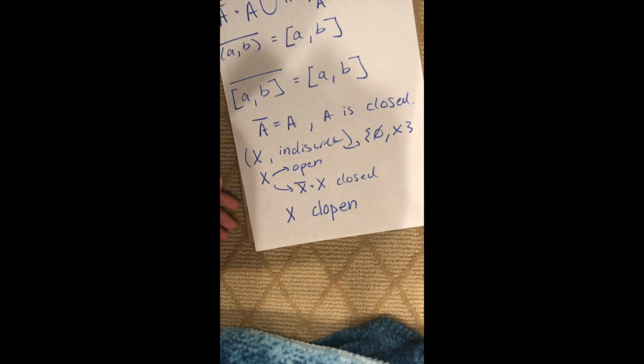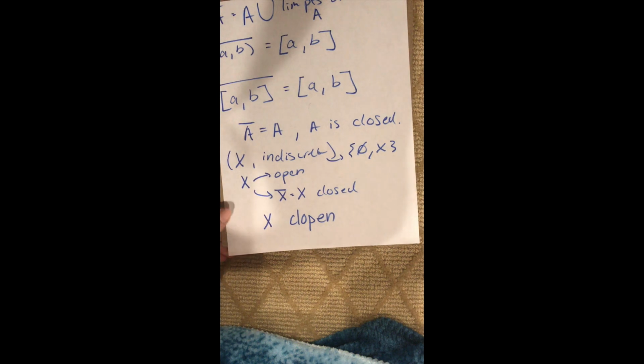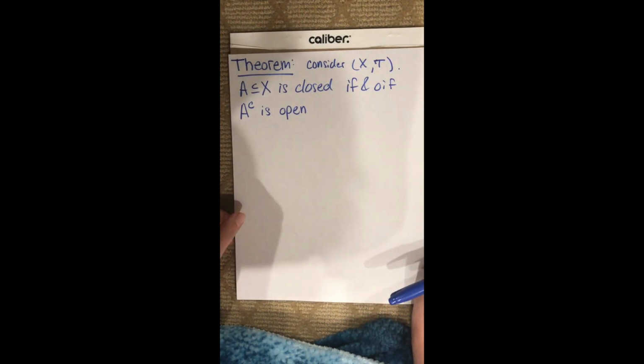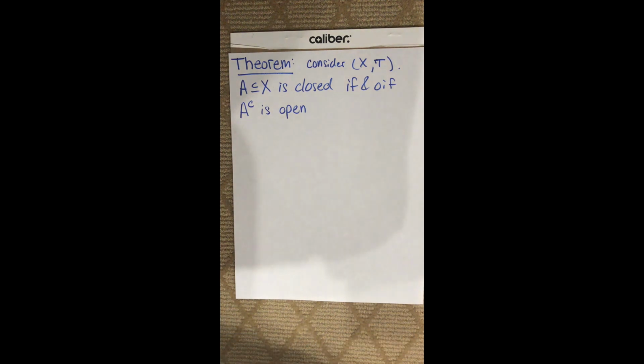We're going to move on to the theorem that we're creating this video for. Consider the topology, this one. We have a subset A of X. Then A is closed if and only if its complement is open.